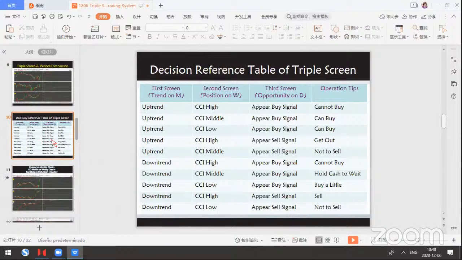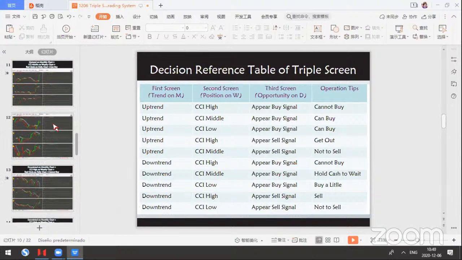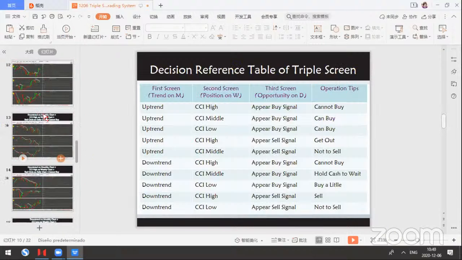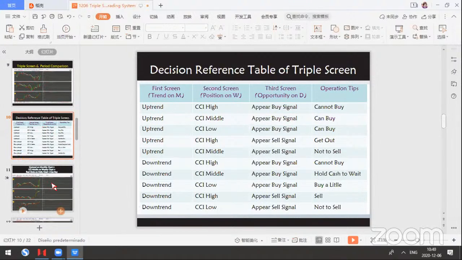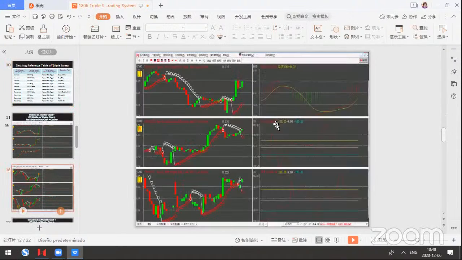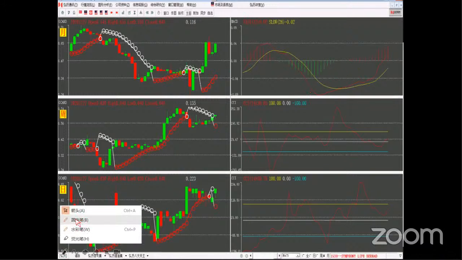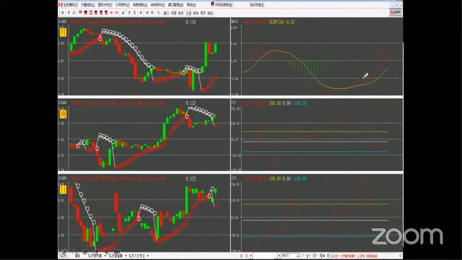Okay, all right, let's see some shares as an example to make a practice. The first one, let's see this one, Discounter. For Discounter, we look at the monthly chart. First step, let's analyze the long-term trend, based on the monthly chart, based on MACD.